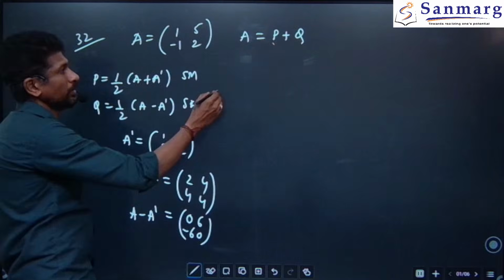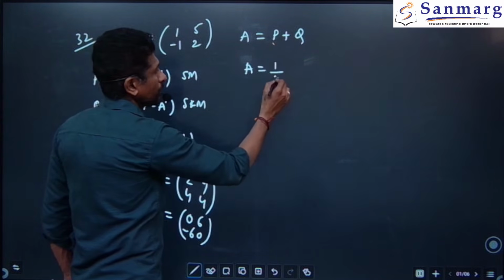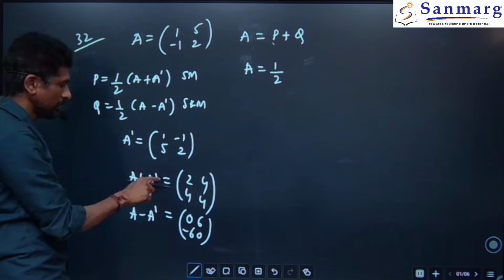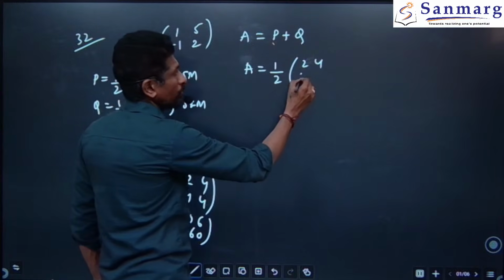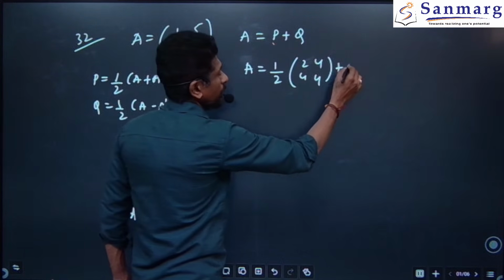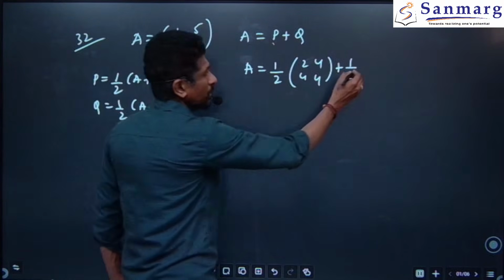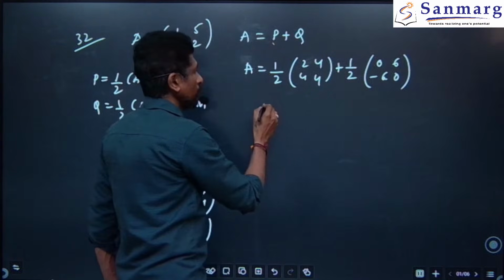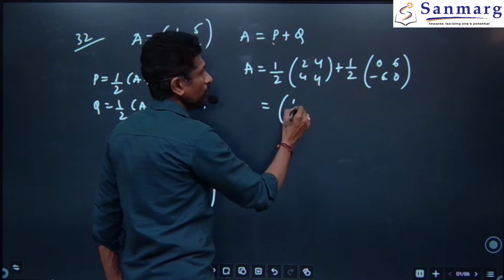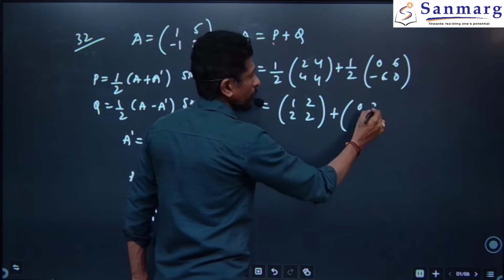So now half of P is nothing but half of A plus A dash, which is 2 4 4 4, and again half of A minus A dash is 0 6 minus 6 0. Now the value becomes 1 2 2 2, and the second one is 0 3 minus 3 0.